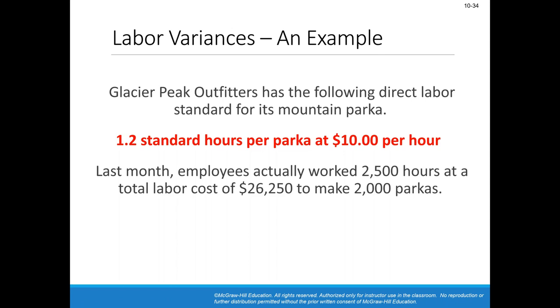So we're going to have an unfavorable price variance. And so together they're going to work. So we're paying 50 cents more an hour, so that's unfavorable, but we used 100 hours less.